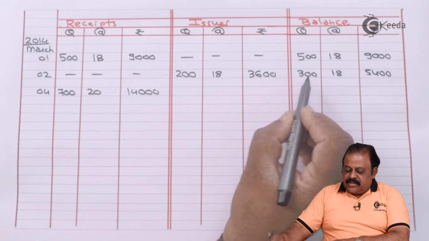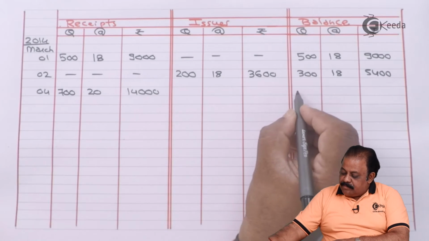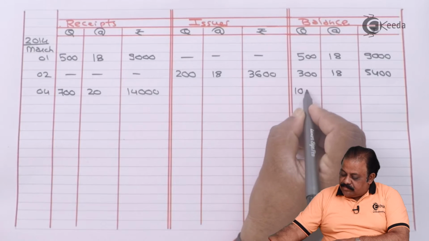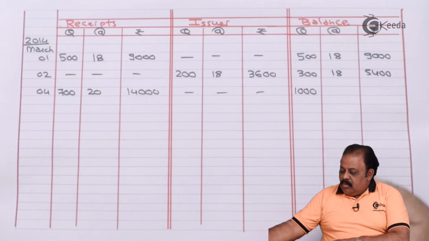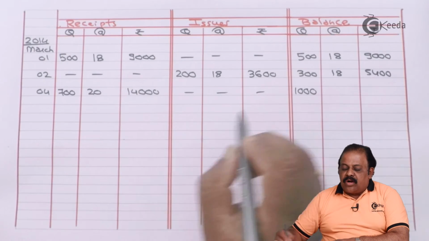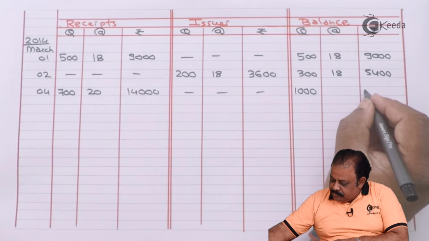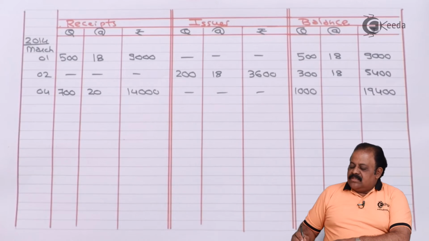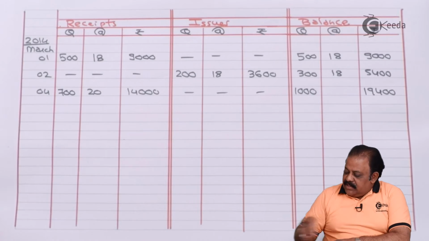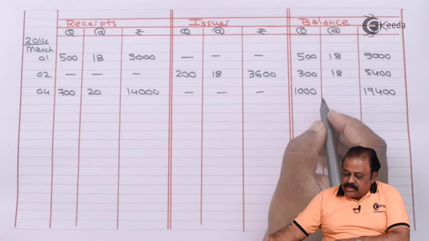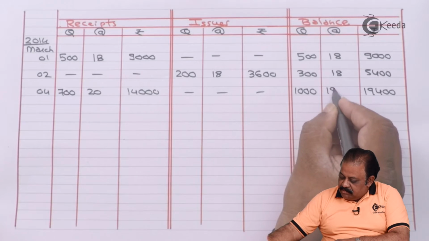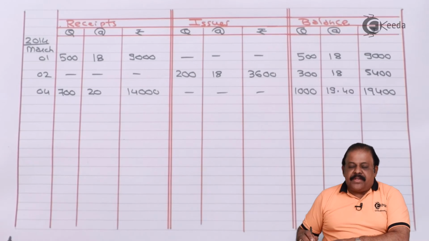Old stock 300 units, fresh purchase 700 units, total 1000 units. Old stock was having value 5400, fresh 14,000. We are going to add this. It is 19,400. 19,400 divided by 1000 units. It will be per unit 19 rupees 40 paise.